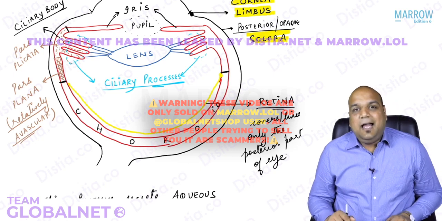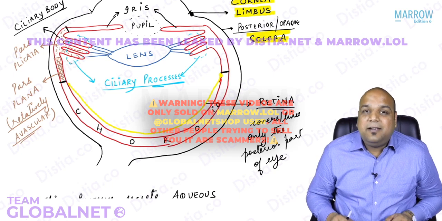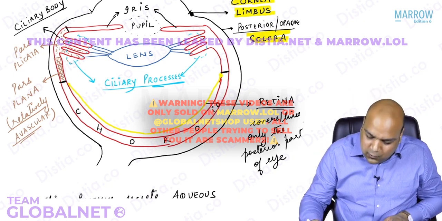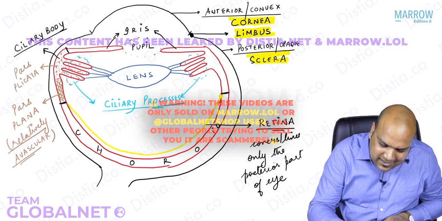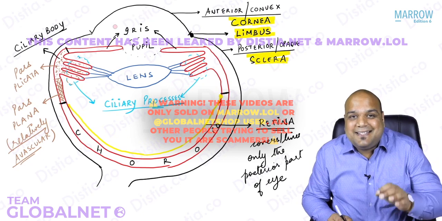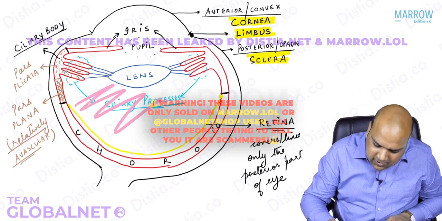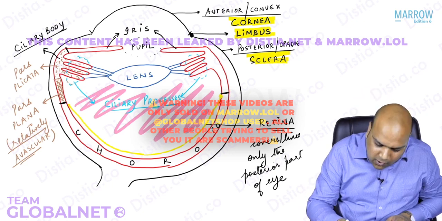Okay. I hope we are clear about this basic anatomy of the eye in our 3D structure and then drawn on a 2D diagram for you. To complete it, everybody, there are two spaces in the eyeball, which I will discuss in detail later on: the space behind the lens and the space in front of the lens.